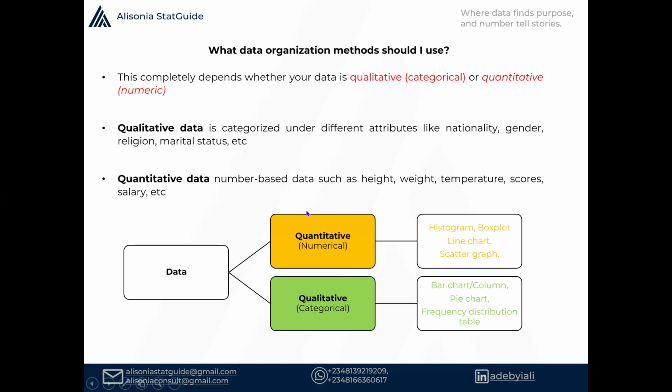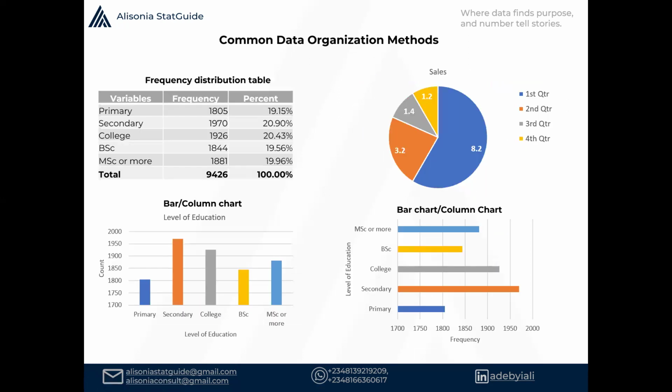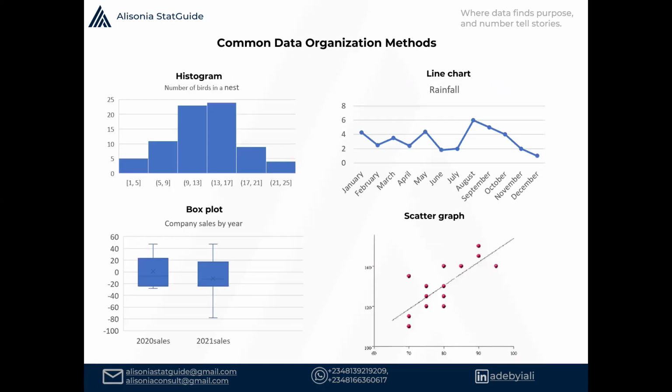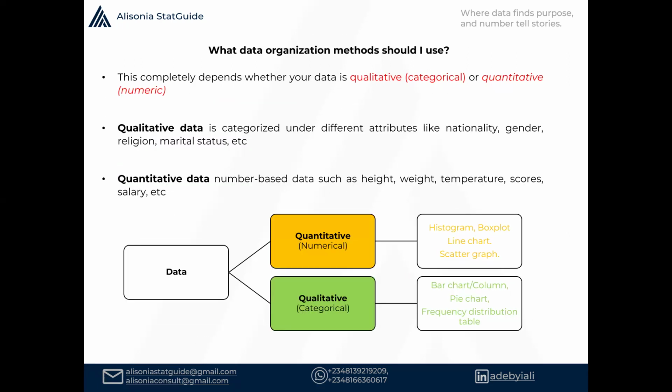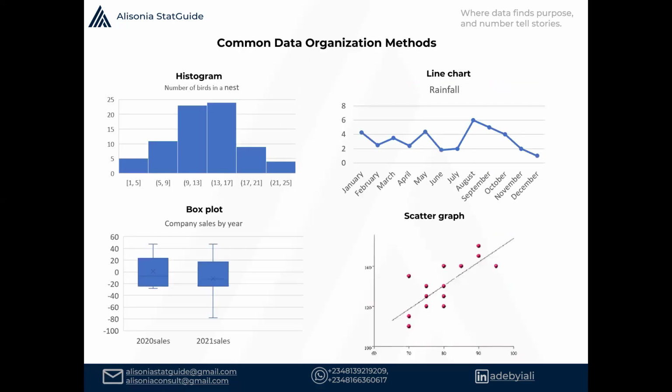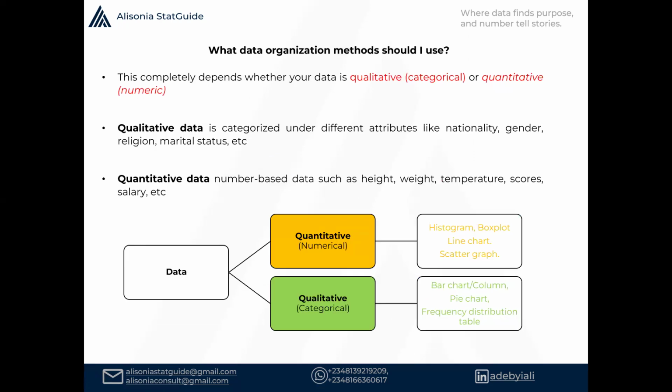So the most important thing is that you know the common data organization methods. After knowing that, which one should you use? Should I just pick a histogram because I like histograms, or a line chart because I like line charts?